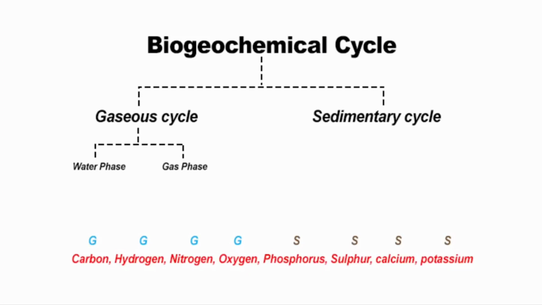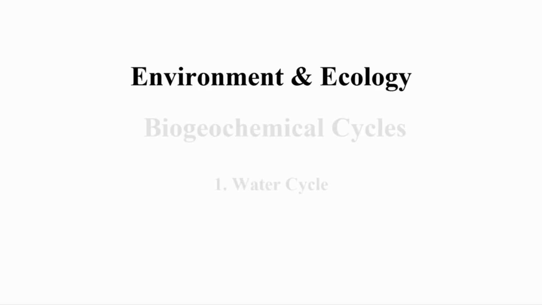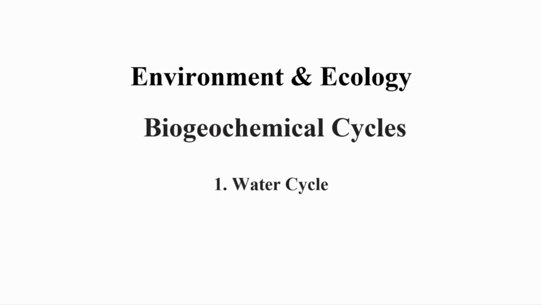Therefore, the whole point is that the life-forming chemical materials that go back in the environment from water to gaseous form is through the gaseous cycle. Likewise, if you look at the sedimentary cycle, the main components are soil and rocks, which are basically part of Earth's crust. So all the life-forming chemical materials that go back in the environment from soil and rocks is through the sedimentary cycle.